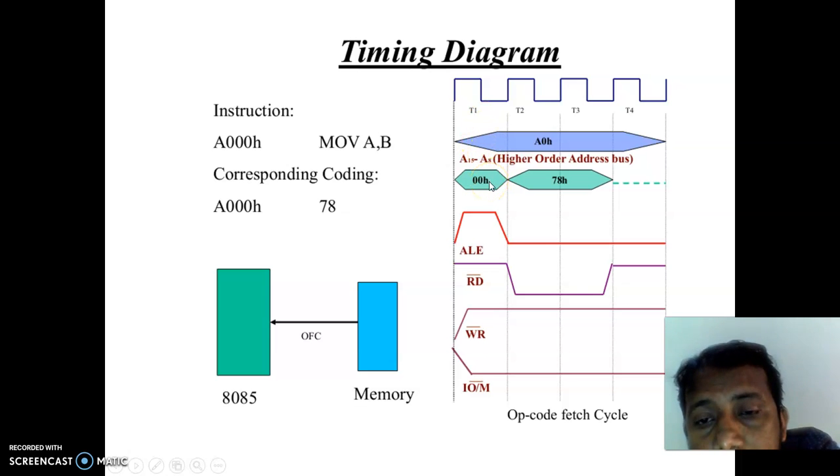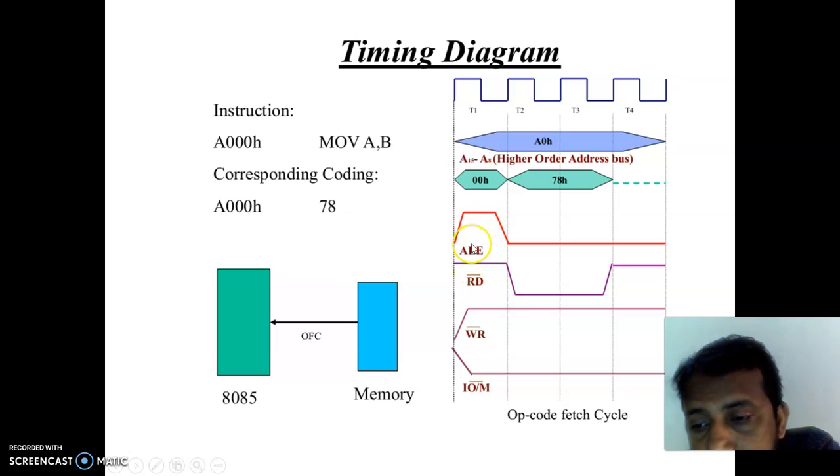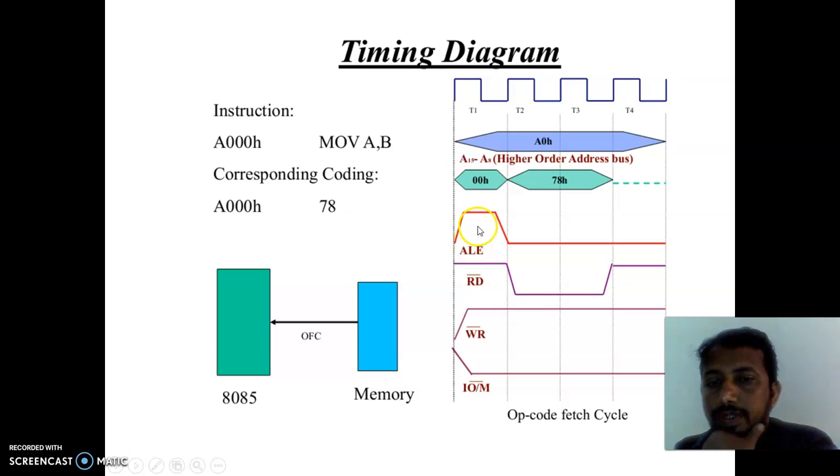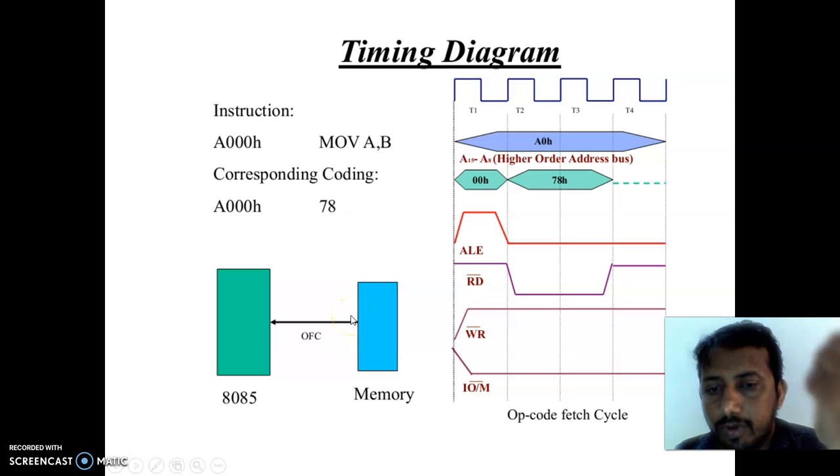The address of the memory from where it needs to take the data is confined to the first clock. Then the address latch enable signal goes high, and at that moment these values are taken up. After this, we need to read the data from the memory location.